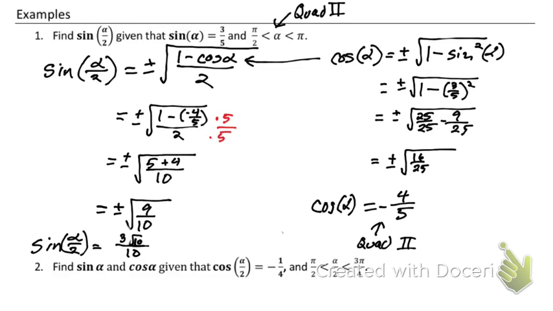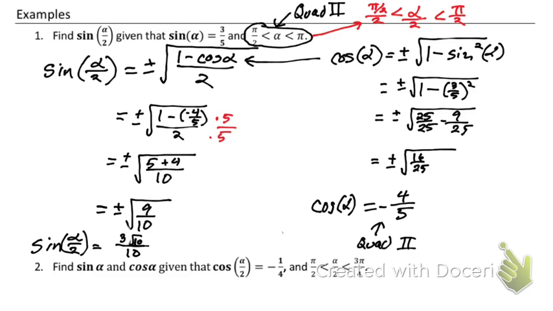So what you need to do to figure out where alpha over 2 is, actually divide all of this by 2. So this just gets you alpha. To get your alpha over 2, you need to divide everything by 2. So you will have pi over 2 divided by 2 is less than alpha over 2 is less than pi over 2.